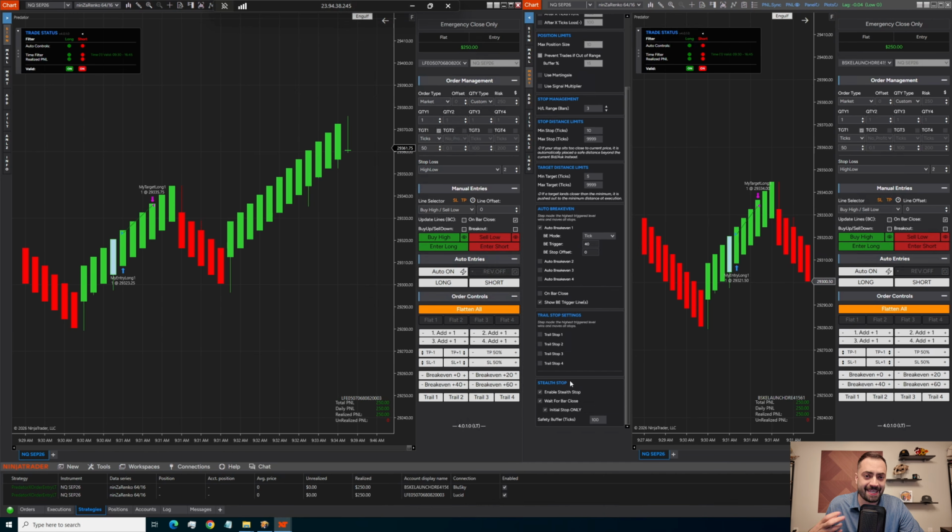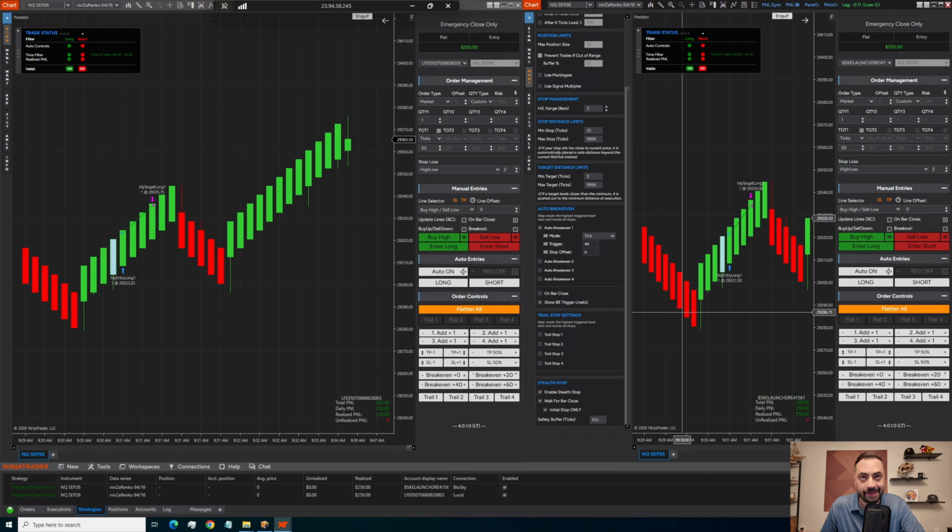So the stealth stop adds a little extra protection, but the downside is you are risking a bigger stop loss. So it's always a bit of give and take. Use what works best for you. For me personally, I like to use the stealth stop. I've been burnt way too many times with the price coming down, just touching my stop loss, and then coming back up to target. Again, that's an option that's available to you if you need it.